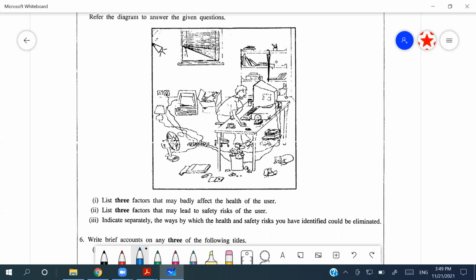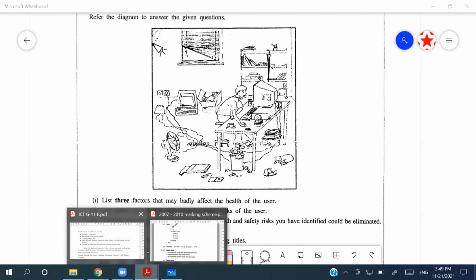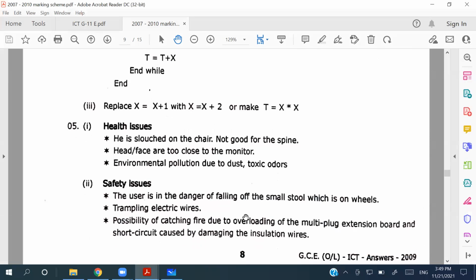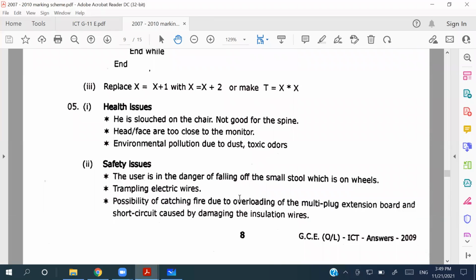So those kinds of health issues can be there. If I refer to the marking scheme: he slouches on the chair, not good for the spine. Head and face are too close to the monitor. Environmental pollution due to dust and toxic odors. Or you can just mention the direct health issue as well.